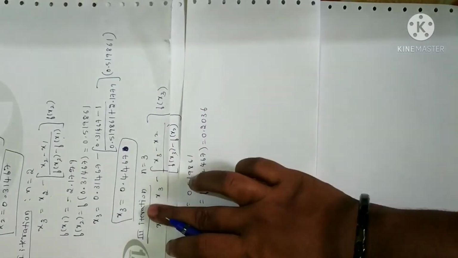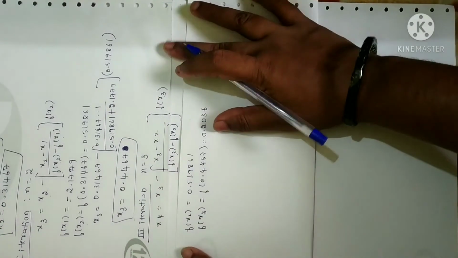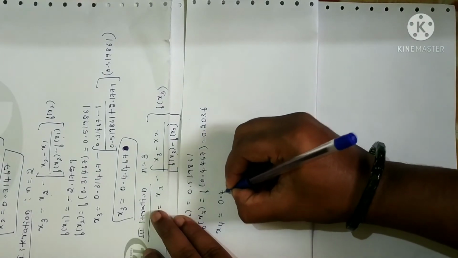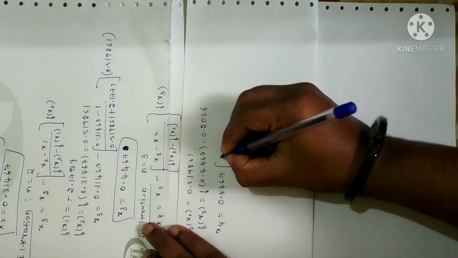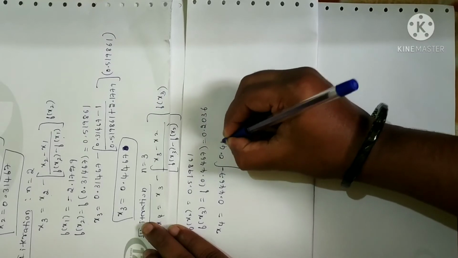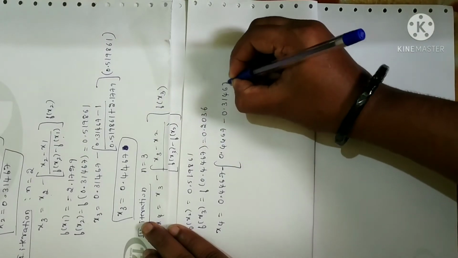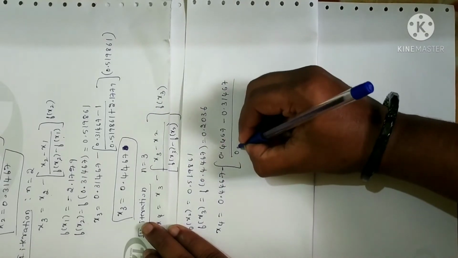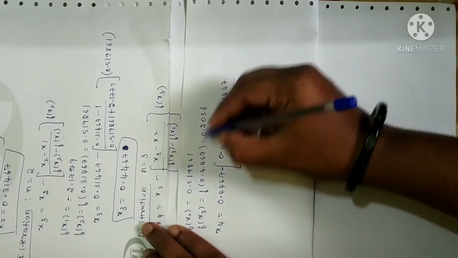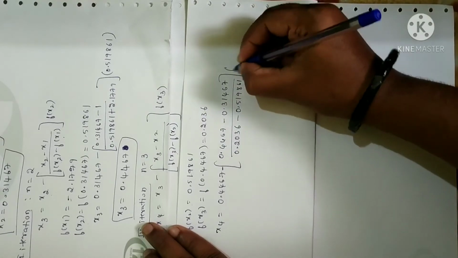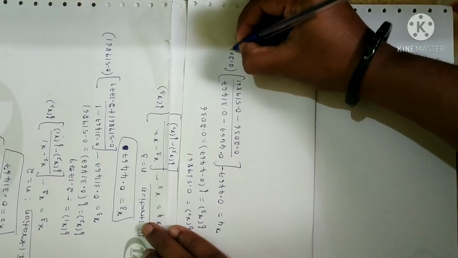So f of x3 value I have obtained. Now with all these values, let me substitute in x4. x3 is 0.4467 minus x2 value, which is 0.31467, divided by f of x3 is 0.2036 minus f of x2 is 0.519861 into again f of x3 is 0.2036.